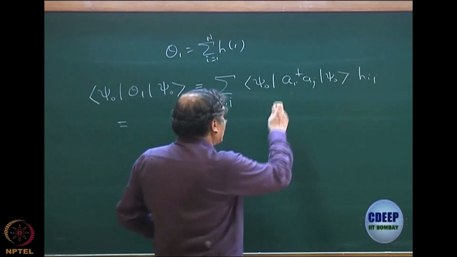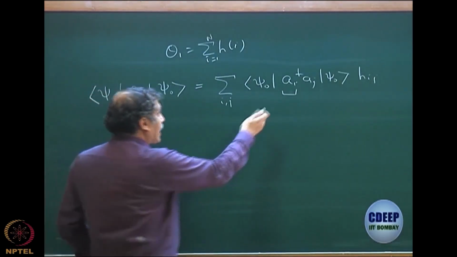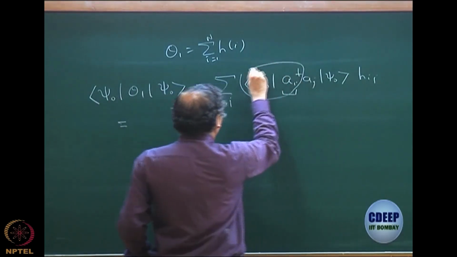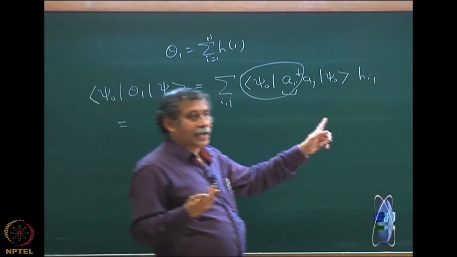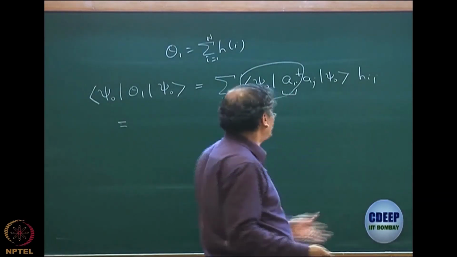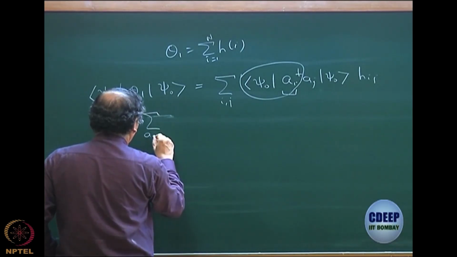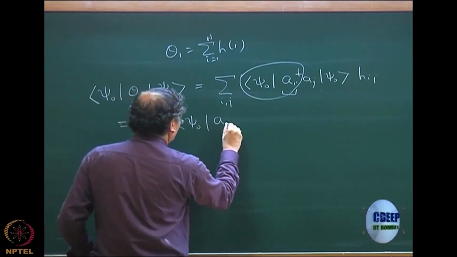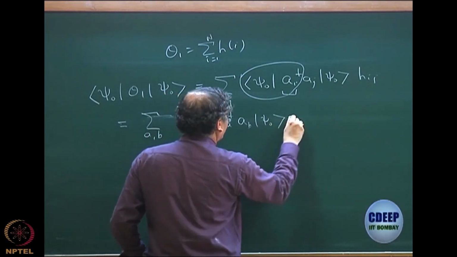Okay? ai† also has to be an occupied orbital i, because it is acting on the left side to ψ0. So if you look at this part, it is the adjoint of ai ψ0. So if only i is occupied, this will survive, the adjoint will survive, otherwise the adjoint will also become 0. So this can now be written as sum over ab, ψ0 aa† ab ψ0 hab.